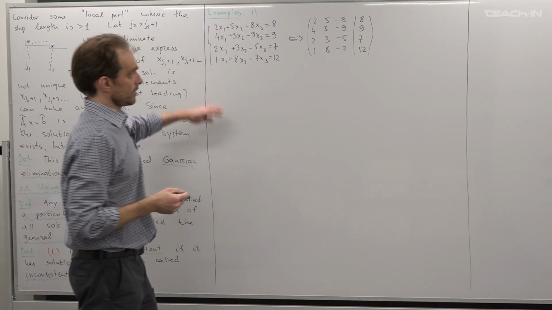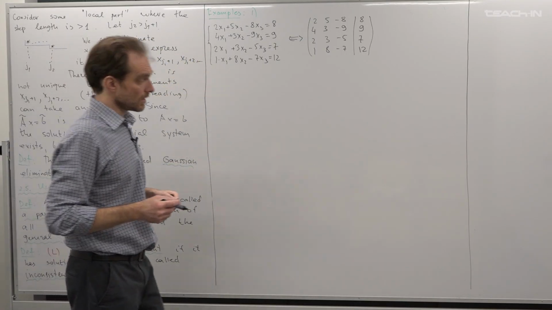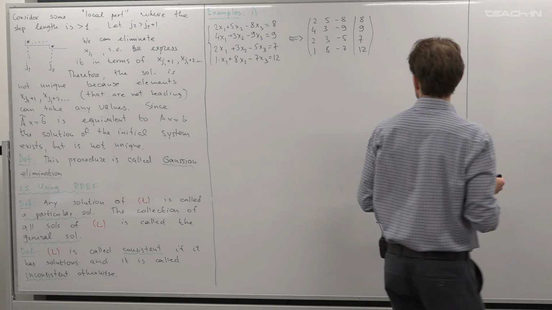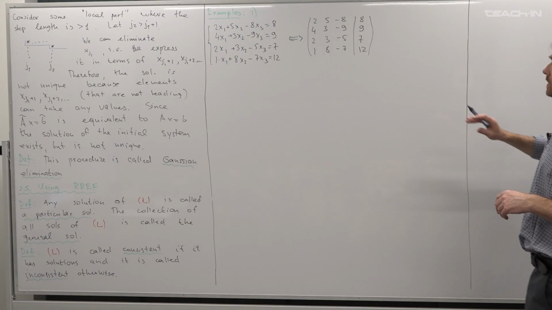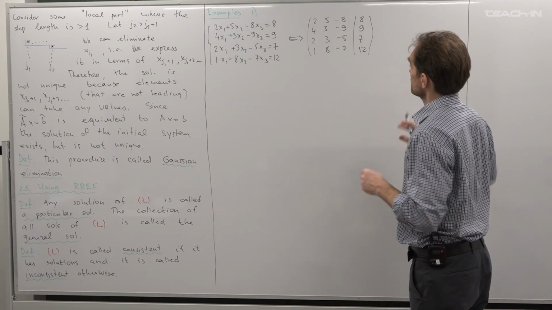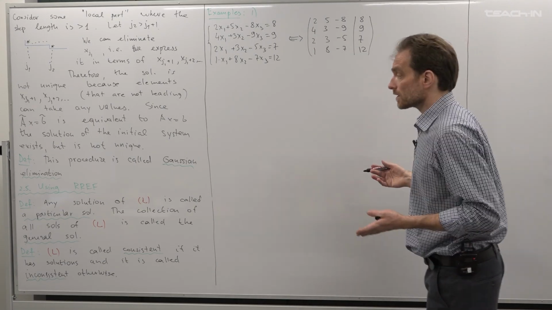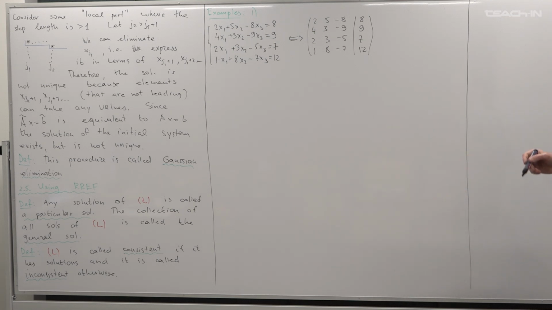So all the information about the system is encoded in this augmented matrix. Now we're going to apply elementary row operations in order to transform this system first to row echelon form and then to reduced row echelon form.